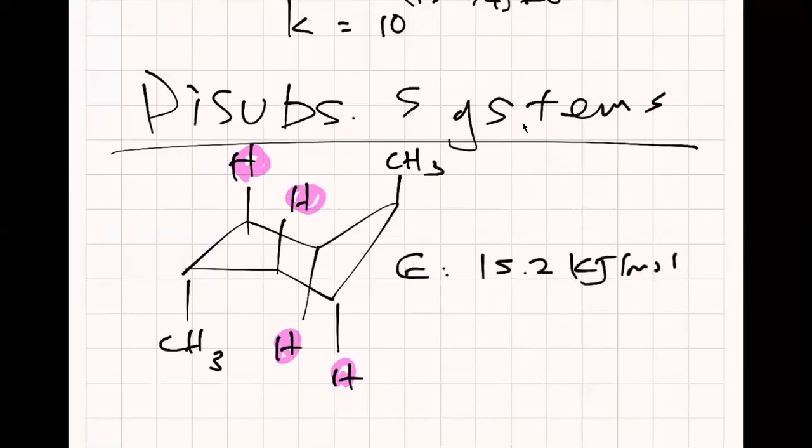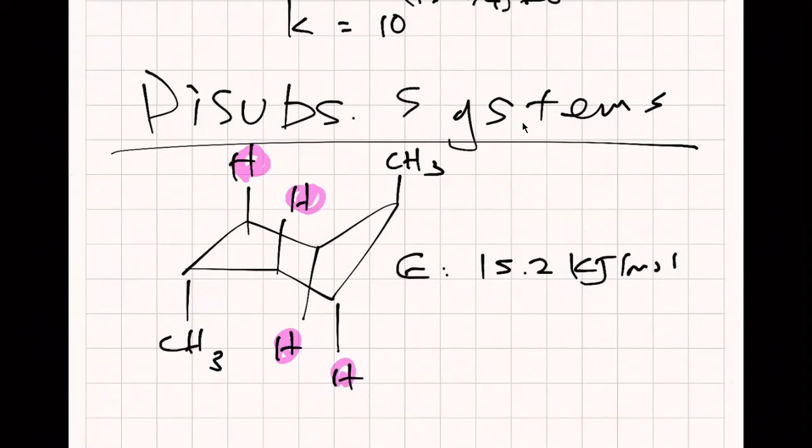Then you can convert that to kilocalories and calculate the delta G from that, because the delta G is always going to be for an isomer like this where both groups are axial. When they both go equatorial, the energy is going to go down relatively to zero.